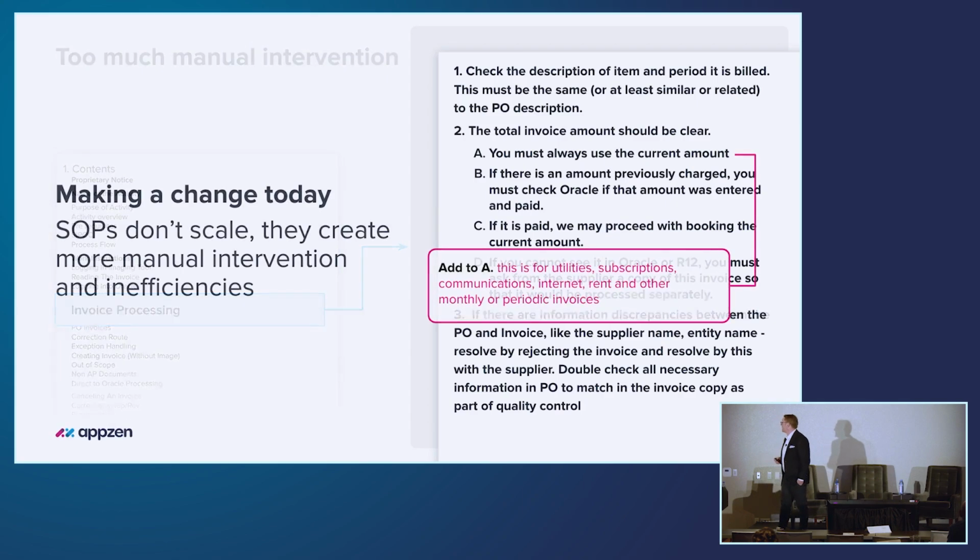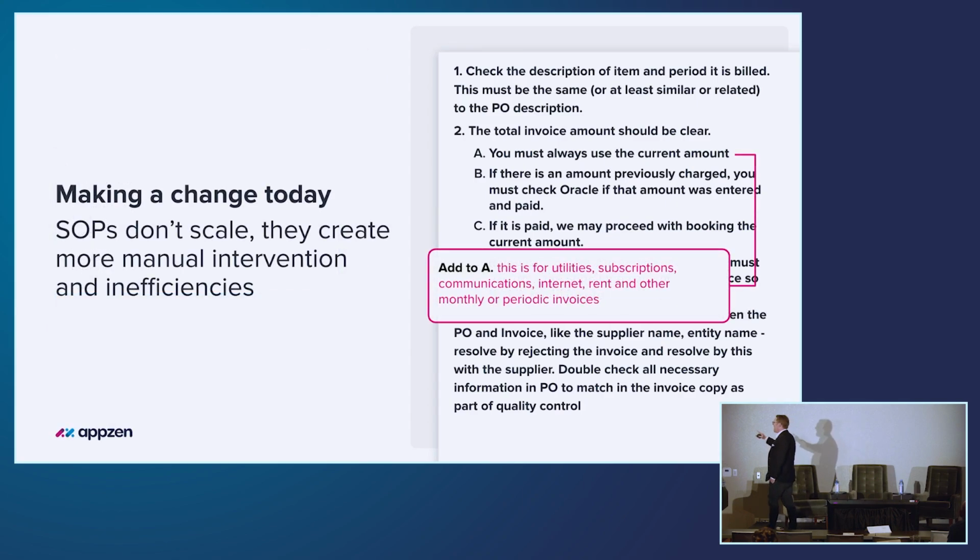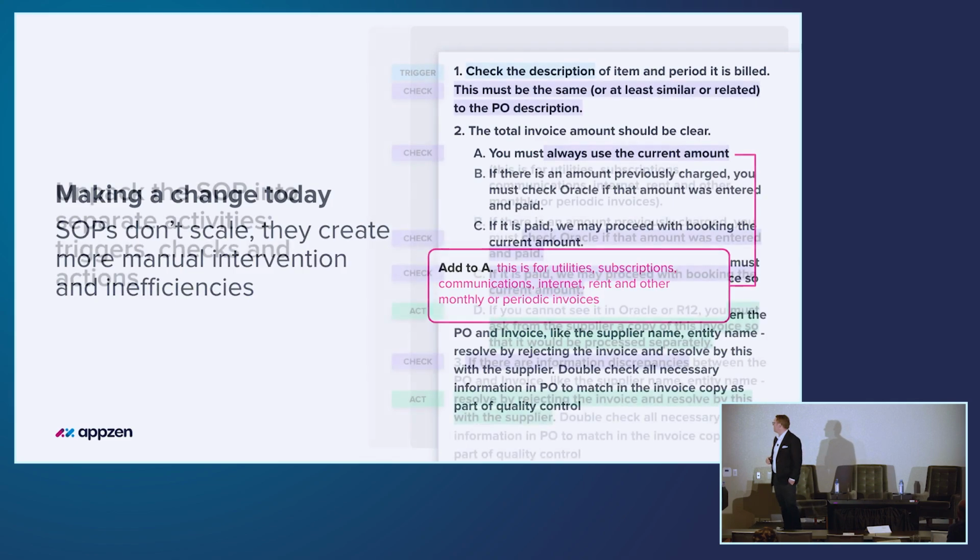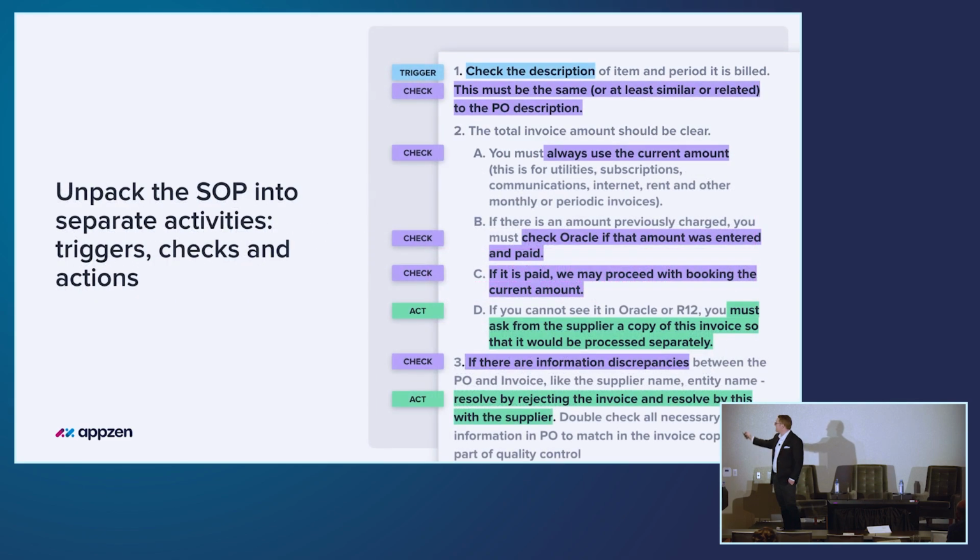So what we're looking to do here, again, is to add more information in here so we can actually start to track and action it. So if you look, okay, this is for utilities, subscriptions, communication, internet, rent, and others. If we have the ability to build in that logic and then trigger off a response, what would be the impacts? Again, this is how we would break it down.